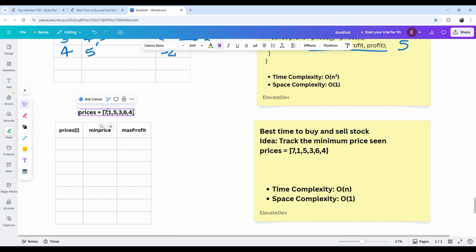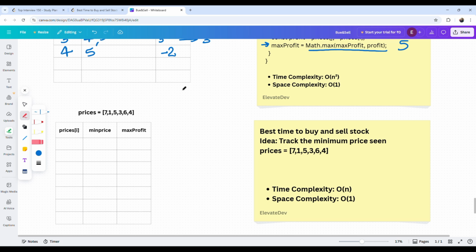So in the array similarly we have to find the lowest price seen so far. At every point there are two things we have to keep in mind. This is a very crucial thing I am writing here. Please look at it very carefully, this is going to be very important.